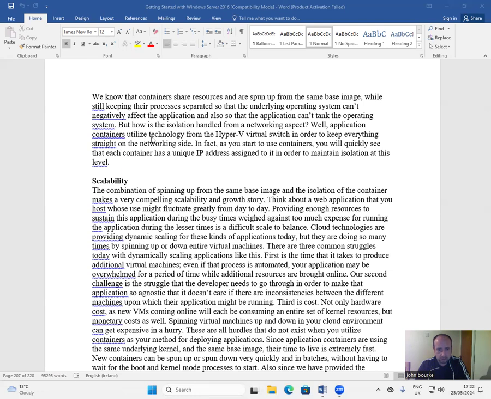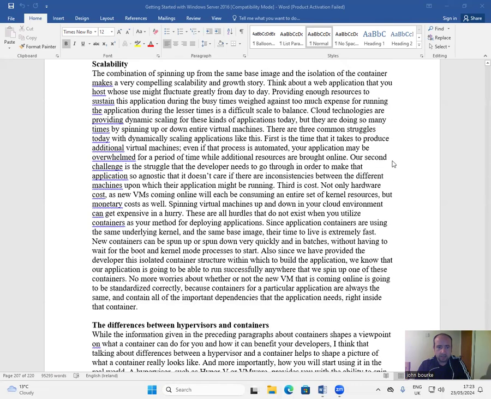Well, application containers utilize technology from the Hyper-V virtual switch in order to keep everything straight on the networking side. In fact, as you start to use containers, you will quickly see that each container has a unique IP address assigned to it in order to maintain isolation at this level.